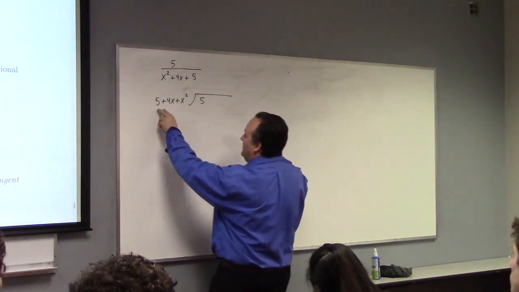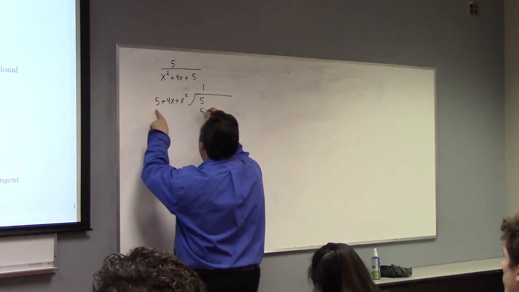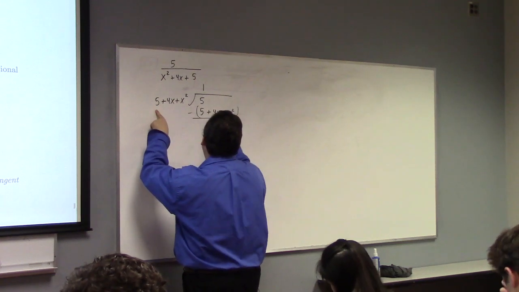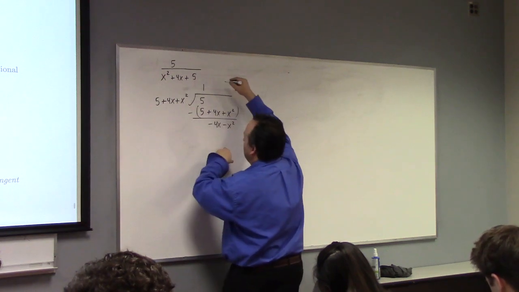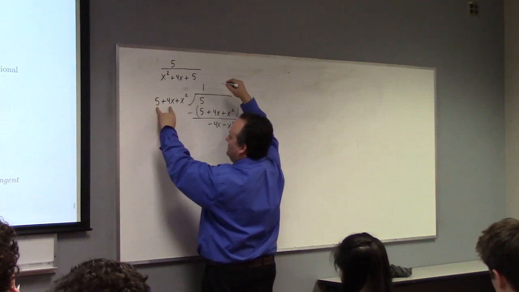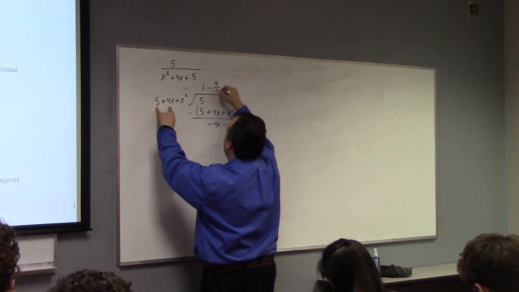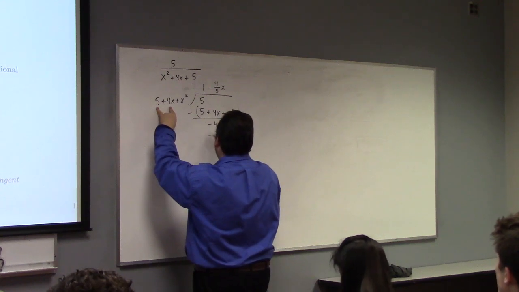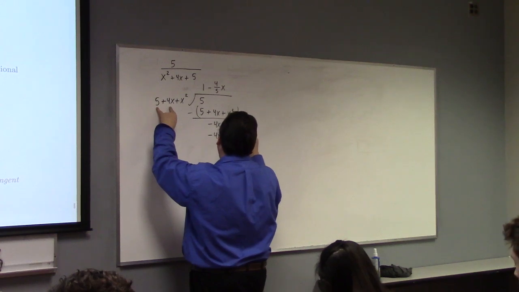And so what do I start with? I start with 1. 1 times this gives me 5 plus 4x plus x squared. I subtract. I get minus 4x minus x squared. So what comes next? How can I get a minus 4x from this? I need minus 4 over 5 times x. When I multiply this by that, it will give me a minus 4x minus 16 over 5 x squared plus stuff.